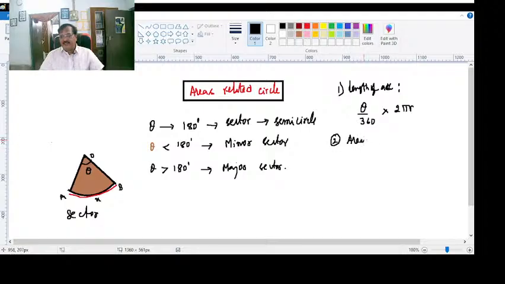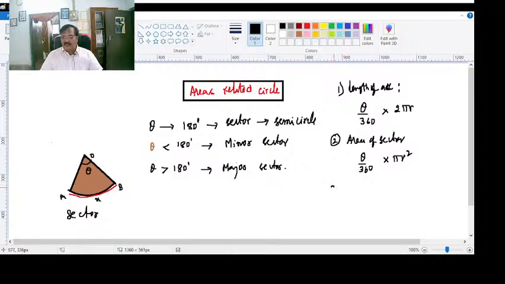Now area of the sector, that means the shaded area. That is also theta by 360 into pi r square. It is a part of the area of the circle.